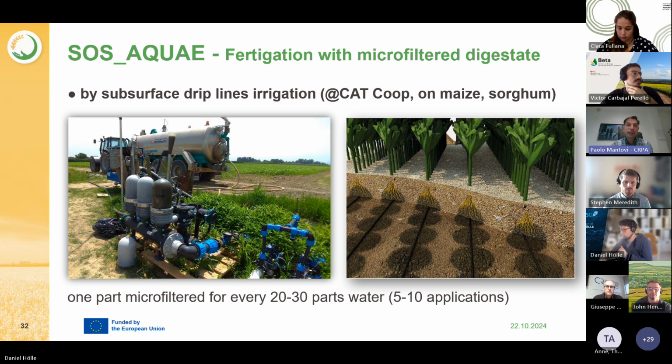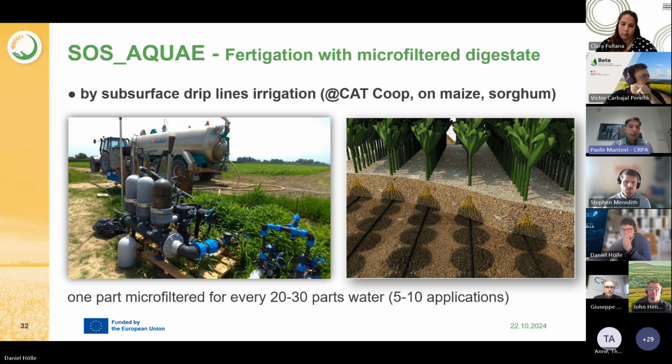While at CAT Cooperative, we have worked both on maize and sorghum by means of a subsurface drip line system, where the drip lines were placed in the soil at a depth of around 30 centimeters and at a distance of 1 meter from one drip line and the next one.